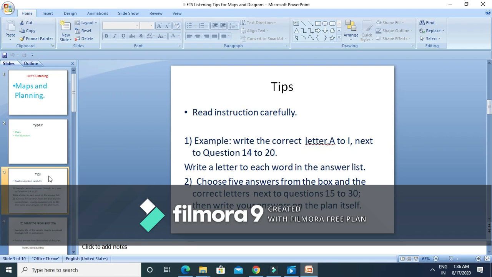So till now I told you two tips. Tip number one, identify the type of question in maps and planning. Tip number two, read instructions carefully. It's a very important tip. Students generally commit mistakes in this part of maps and planning.